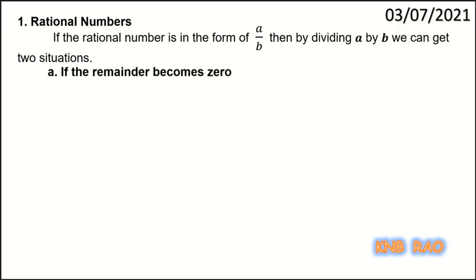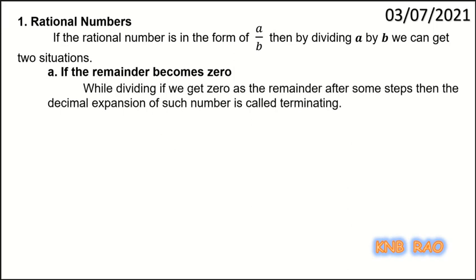If the remainder becomes 0 while dividing, it means the decimal expansion is terminating. For example, when 7 is divided by 8, we get 0.875, the terminating decimal expansion.